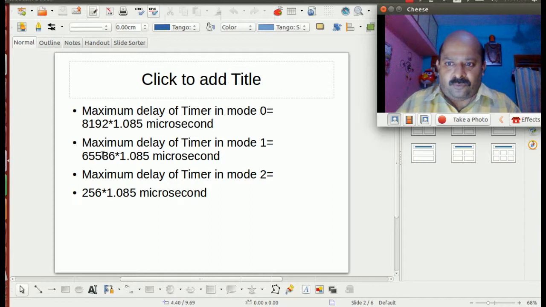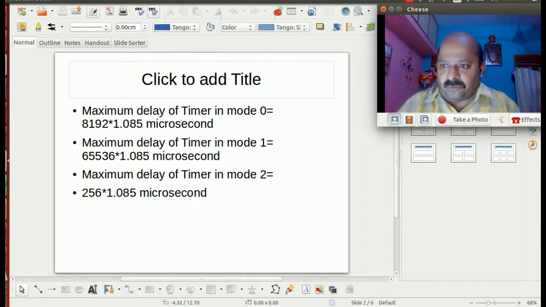For timer in mode 1, you can achieve a maximum delay of approximately 65,536 into 1.085 microseconds. That comes to 71.1 milliseconds. And the timer in mode 2, you can achieve a delay of 256 into 1.085 microseconds, so that is equal to 277 microseconds approximately, or 0.277 milliseconds.